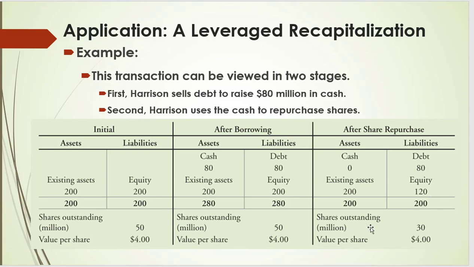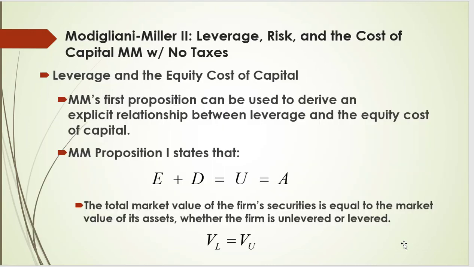Now we have 30 million shares, and those 30 million shares are still going to have a value of $4 a share. Since nothing has happened to the assets, we've just rearranged who gets paid from the profitability of the company.